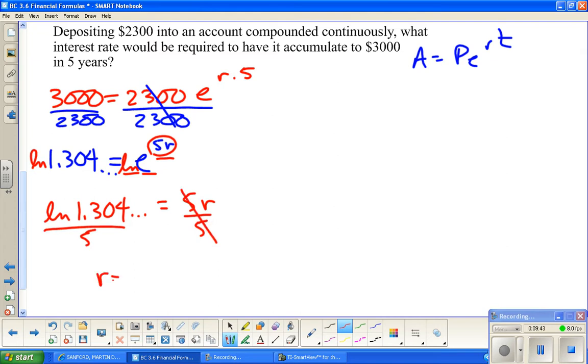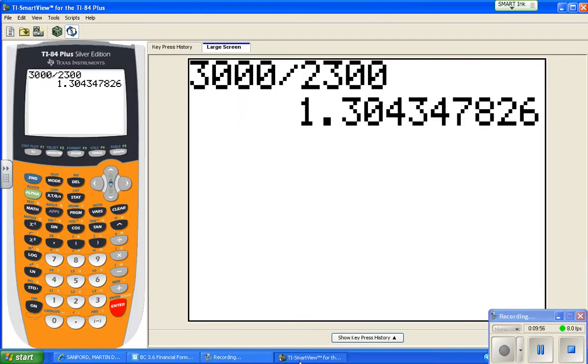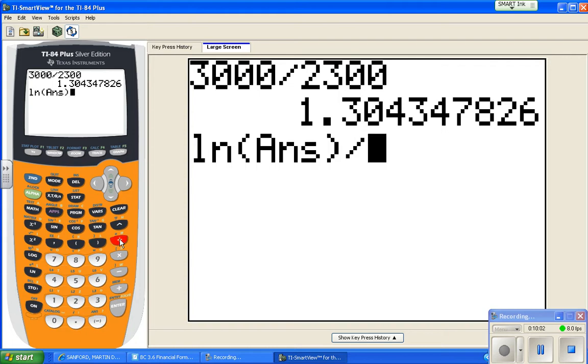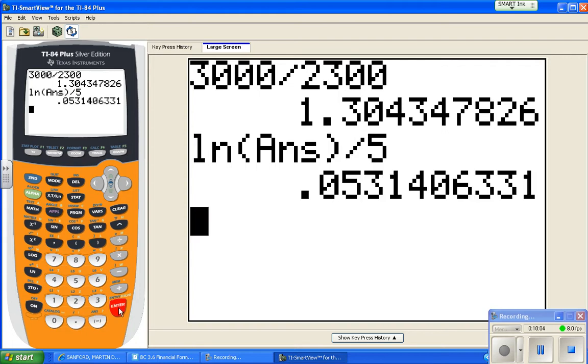Okay, so r equals, now just a quick reminder that your calculator is going to start parentheses, you need to end them, and then you're going to divide by 5. So natural log, and then divide by 5. Okay, so I'm going to do natural log of my answer, close parentheses, divided by 5, and alakazam, 5.314.